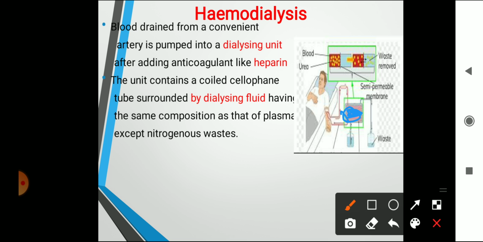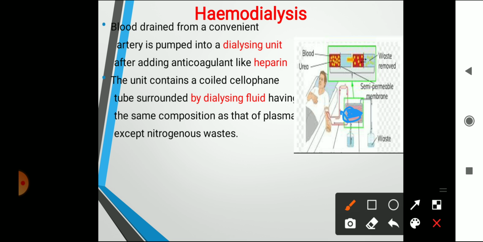So when the blood is flowing through the tube made up of cellophane membrane, the nitrogenous waste materials move into the dialysing fluid. Why? Because in the dialysing fluid, the concentration of nitrogenous waste materials will be nil. Right? All the other substances found in the blood plasma will be present in the dialysing fluid.